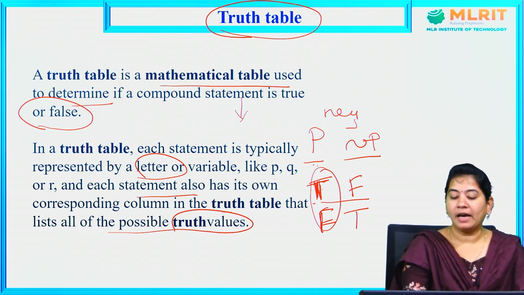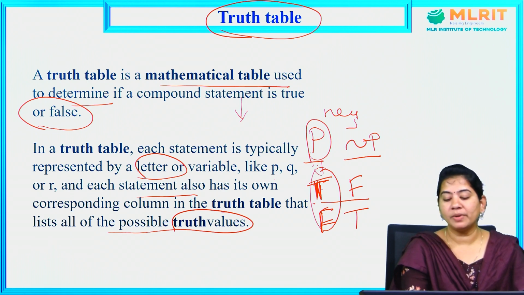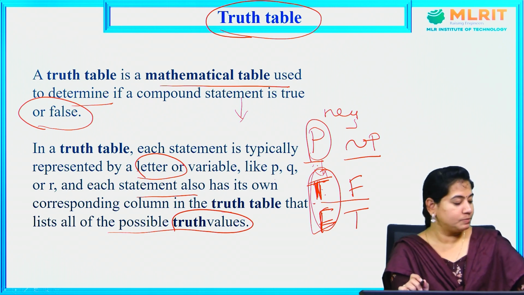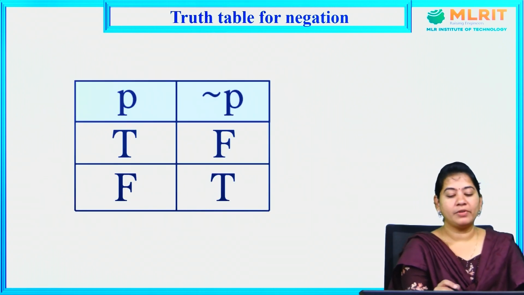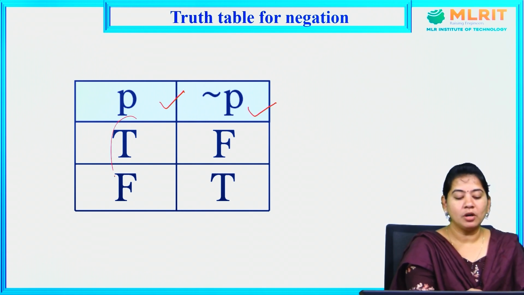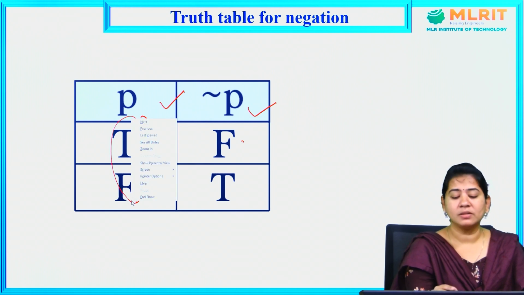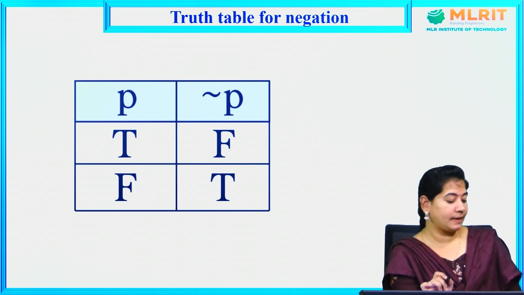As we have an atomic statement here, the possible combinations are only true and false. So let us see the truth table for this. Here we have the P statement and this is negation P. The possible combinations for this atomic statement are true and false. If the P statement is true, the negation P will become false. If the P statement is false, the negation P will become true. So this is the truth table for negation.